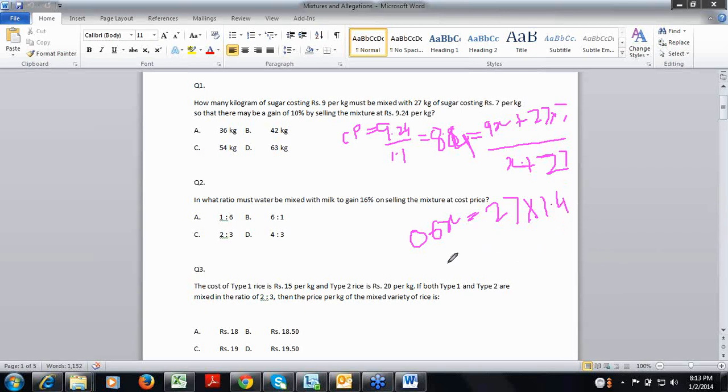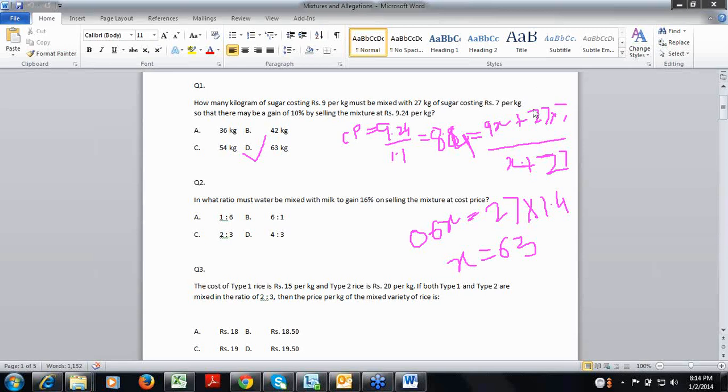So now you can easily solve, x is equal to 63. Okay, I've seen it's 8.4. Hope you are clear with this. So we have an option 63. We'll go ahead and mark option D. Is everybody clear with this?